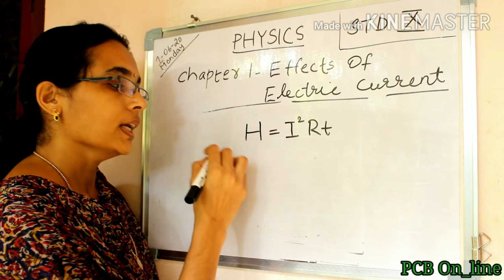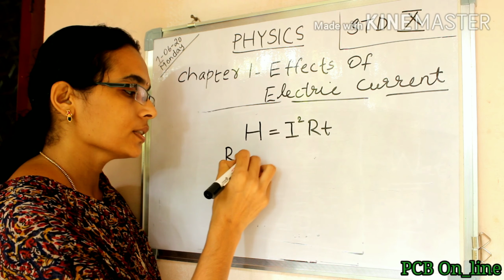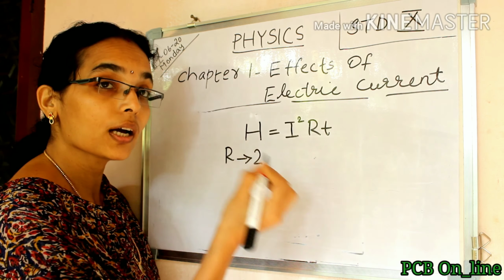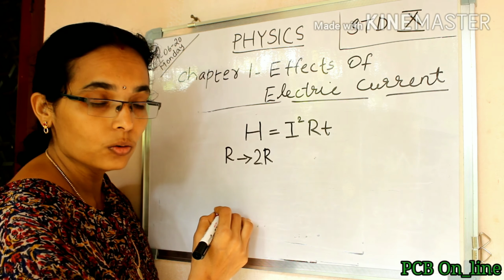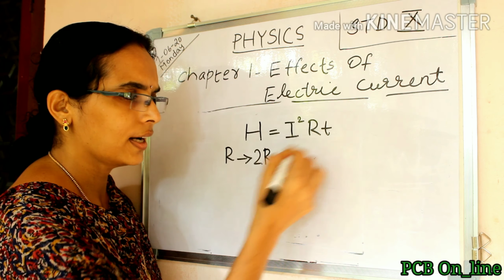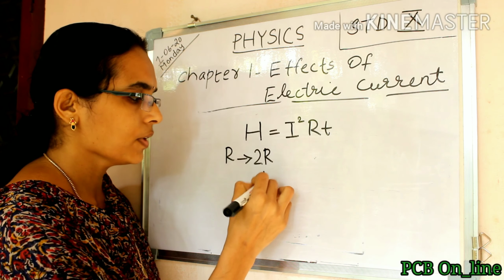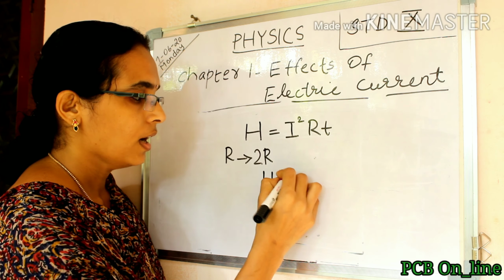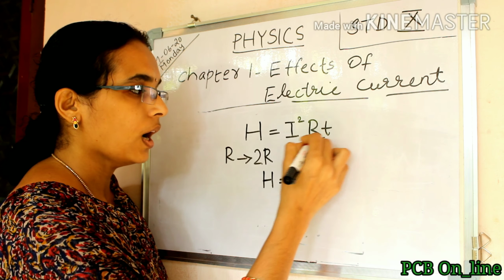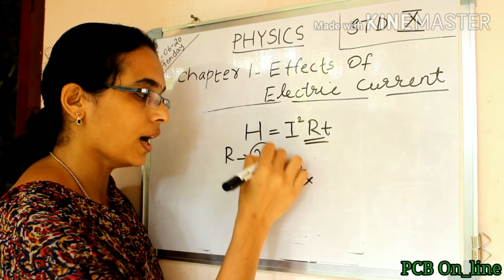If we increase the resistance by twice, that is if R is increased to 2R, without changing current and time, what will be the difference in heat? Heat will be I square into, now R is 2R.